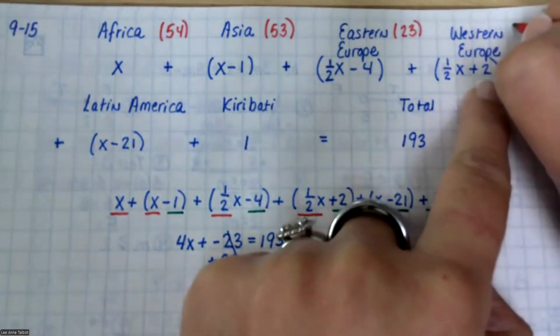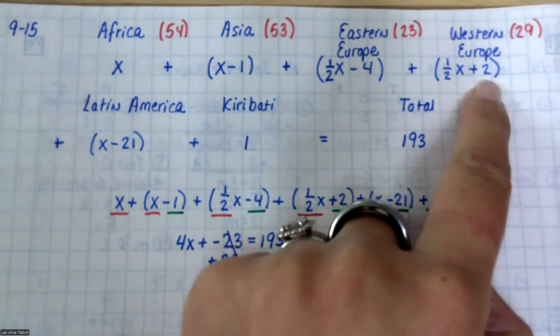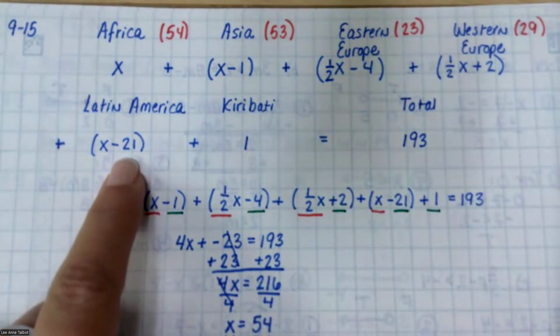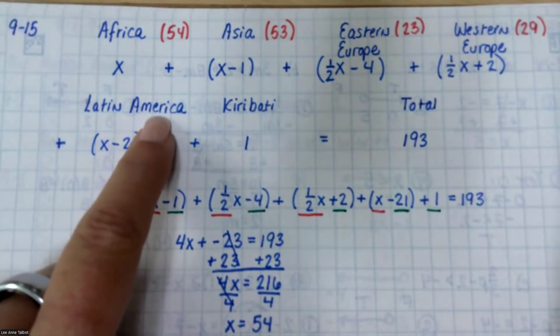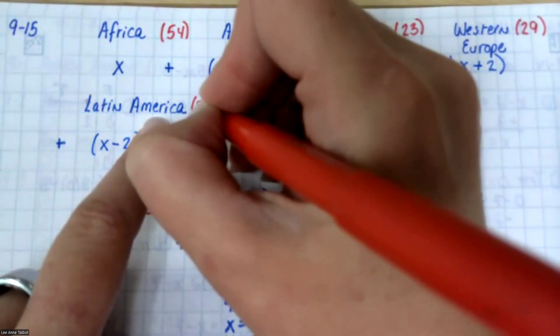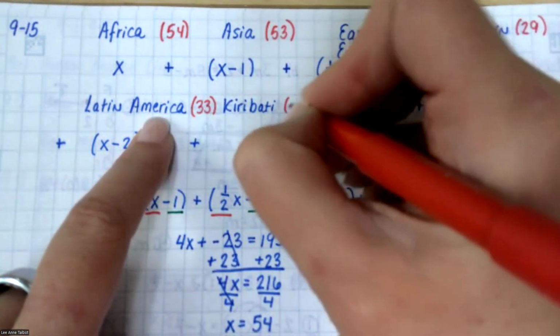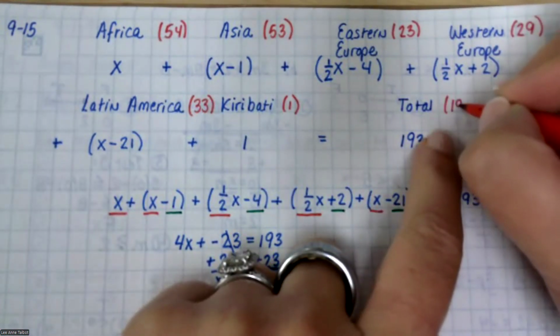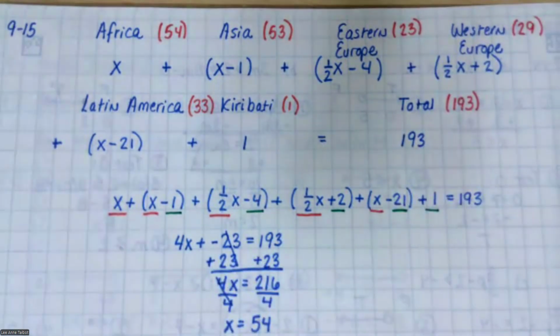Western Europe, 27 plus 2, 29. Latin America, 54 minus 21, 33. And 1. And those should all add up to 193, which they do.